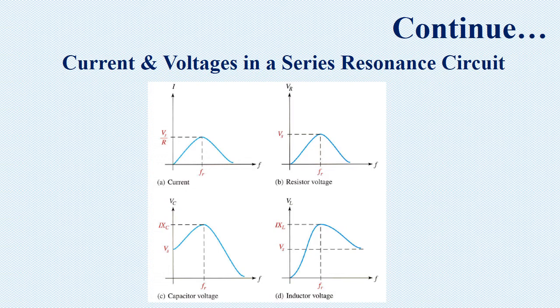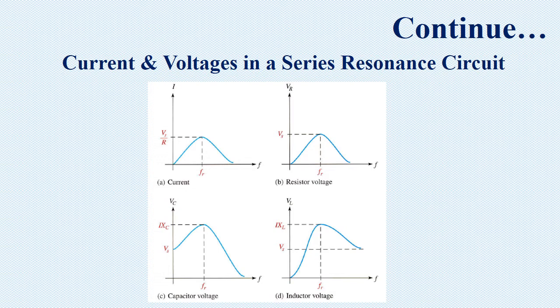So we can analyze the current waveform in the circuit. At the lower frequency we have the reactive and resistive terms, so we have a smaller amount of current, and at the higher frequency also we have the resistive and reactive terms, so we have a smaller amount of current. But at one particular resonant frequency, we have equal reactive terms of the capacitor and inductor, so they cancel out each other's effect and we have only the resistor.